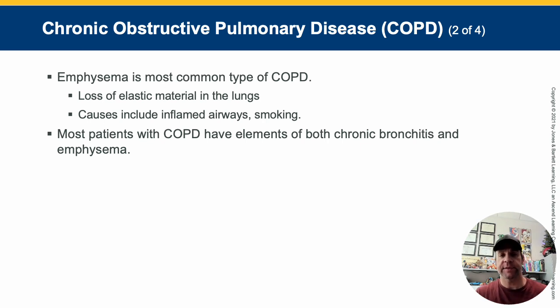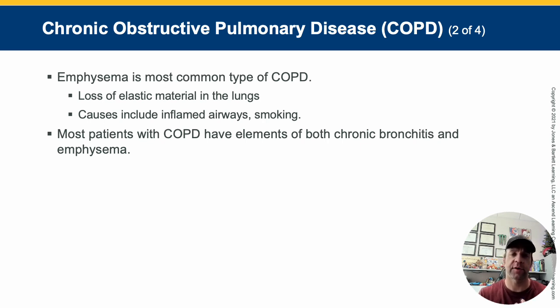Now, most patients with COPD exhibit elements of both emphysema and chronic bronchitis, although the severity and balance between the two vary. In emphysema, the key feature is the loss of elasticity in the alveolar walls, and that results in poor air exchange and long expiration phases. These patients often appear thin.